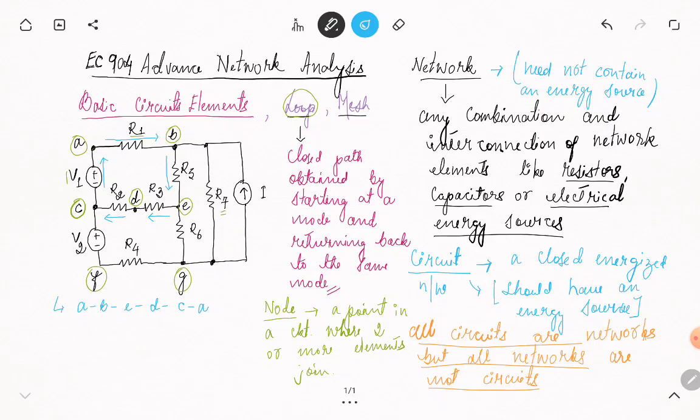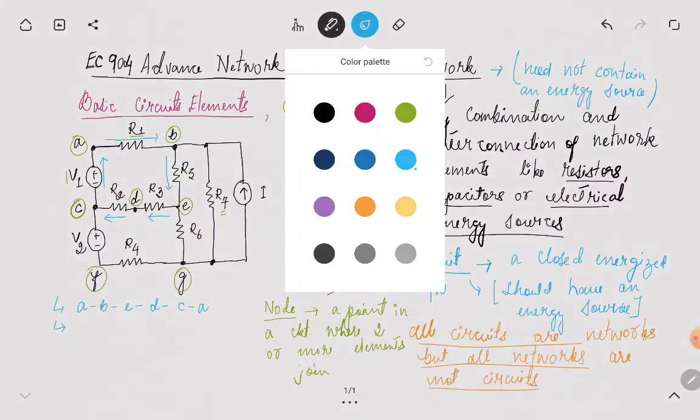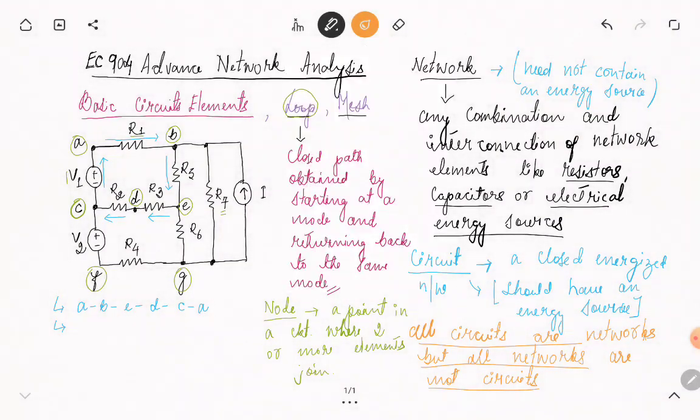Let's take one more example. Let's see this one: C, D, E, B, G, F, C. Let us see the path formed by this.